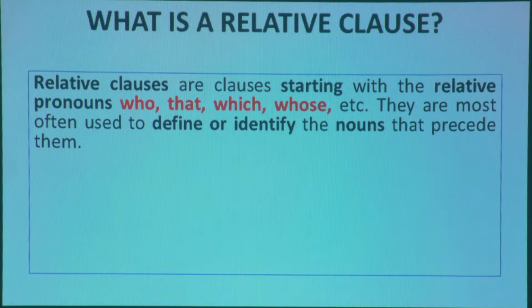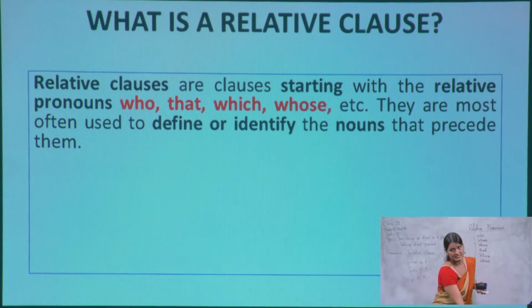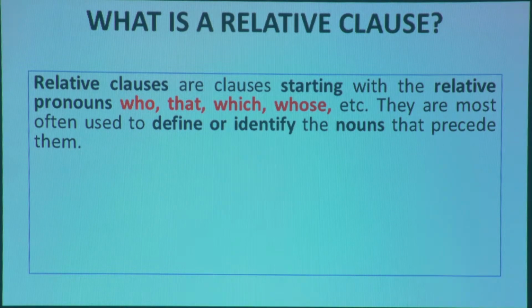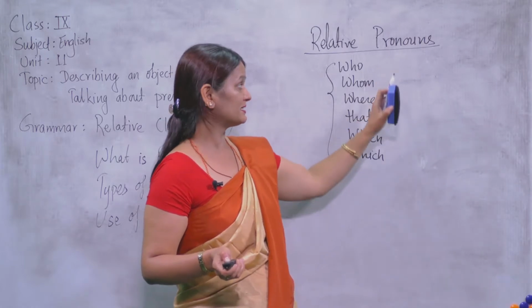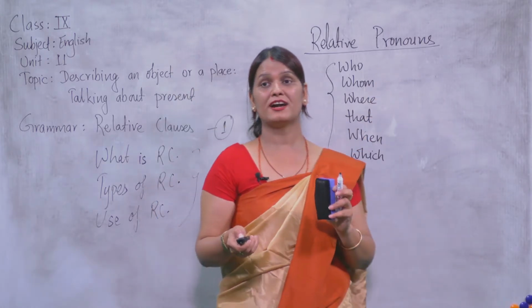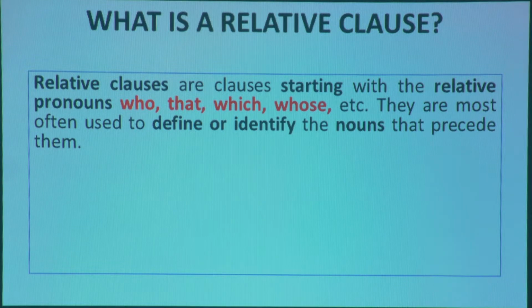Relative clauses are clauses starting with relative pronouns. As I have told you, who, that, which, whose, etc. are relative pronouns. Okay, and why do we use these relative pronouns in sentences with relative clauses? To define or identify the nouns that precede them.